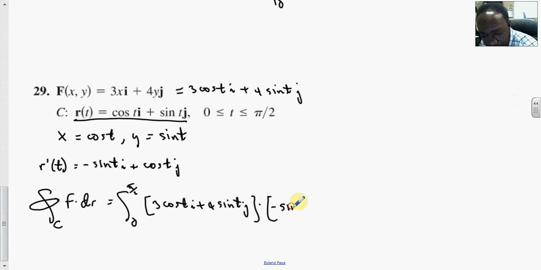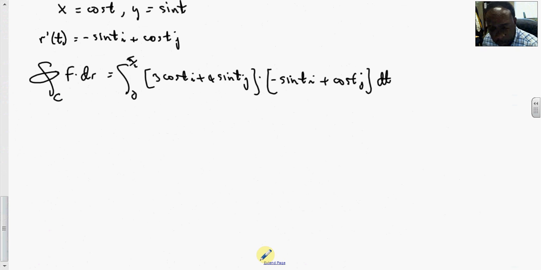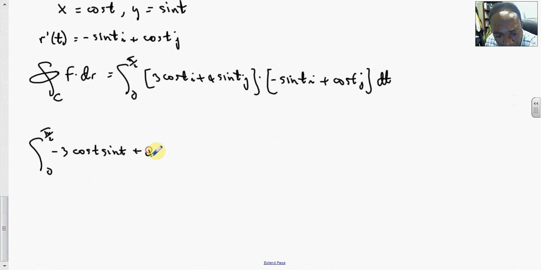This is negative sine t i plus cosine t j. This is dt. So we do the dot product, do the hokey pokey, and you turn yourself around. This is negative 3 cosine t sine t plus 4 cosine t sine t.